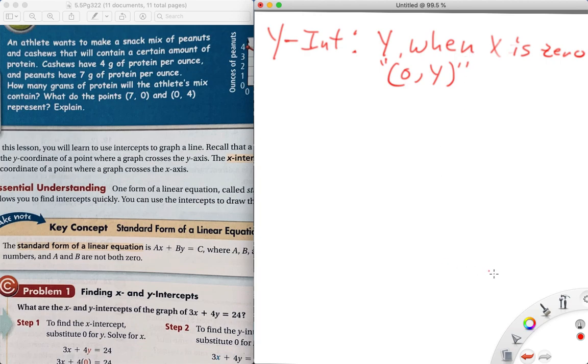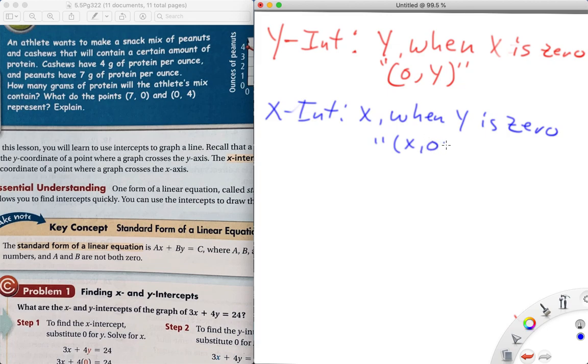So if that's what a y-intercept is, then we can conclude that an x-intercept is x when y is 0. X when y is 0, and that's usually in the ordered form x, 0.